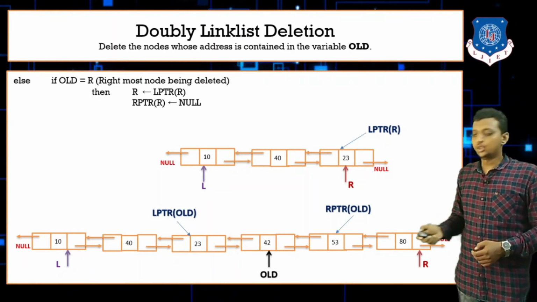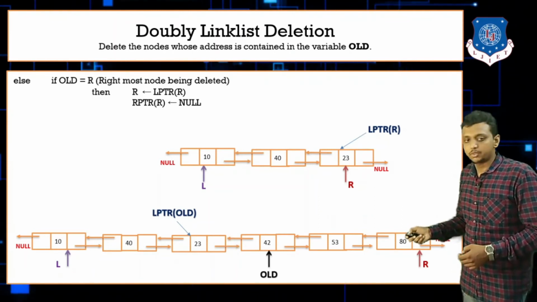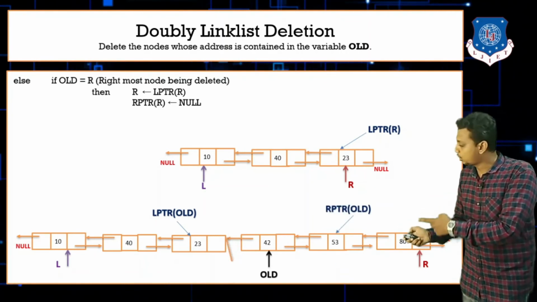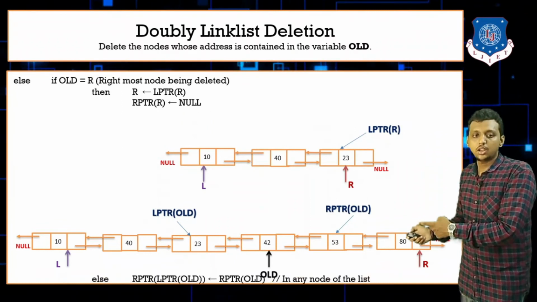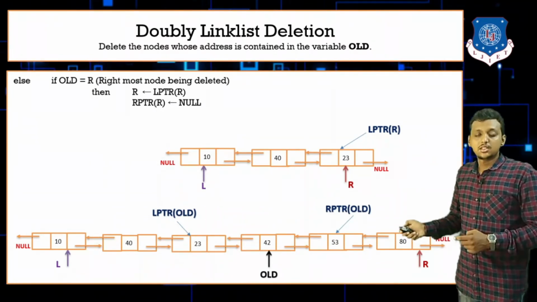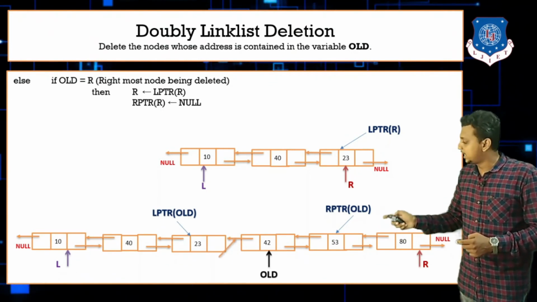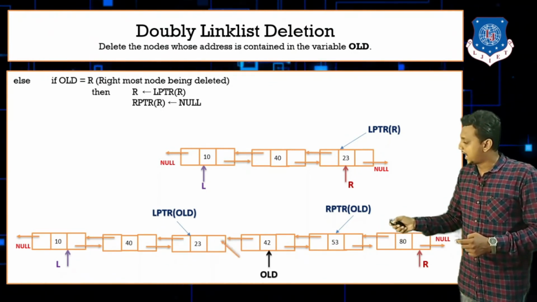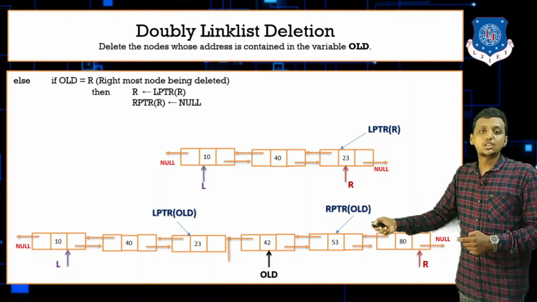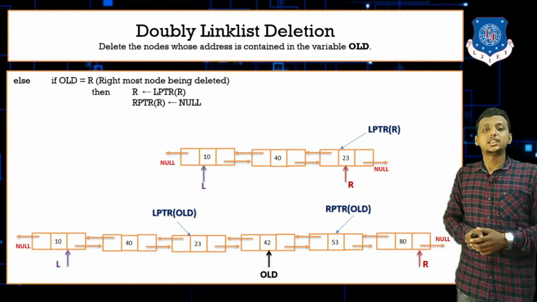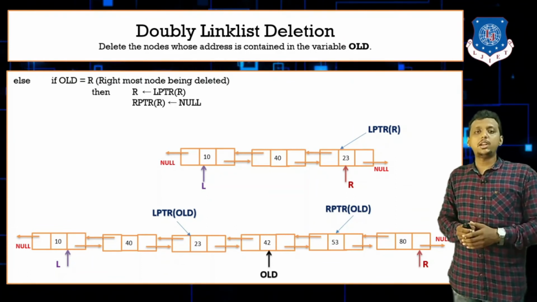So what we need to do students, see the right link of the 23. Just focus on the animation over here students. See the animation, the right link of the 23 is going to be connected to the 53. So what is the name of the 23?